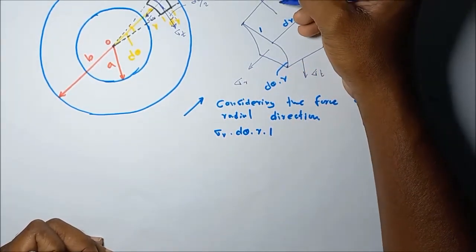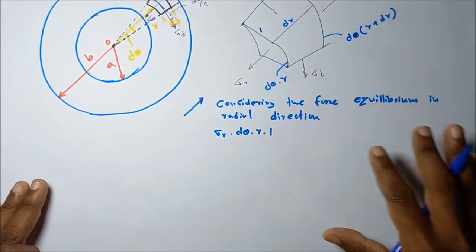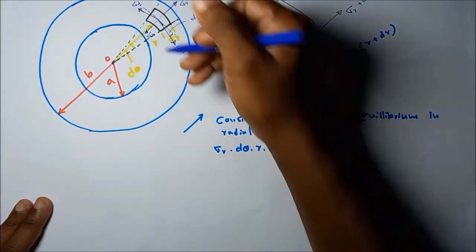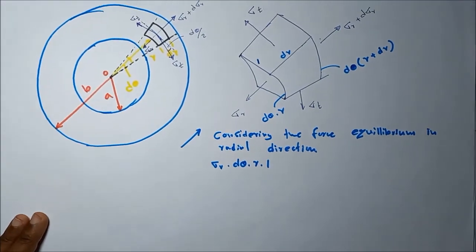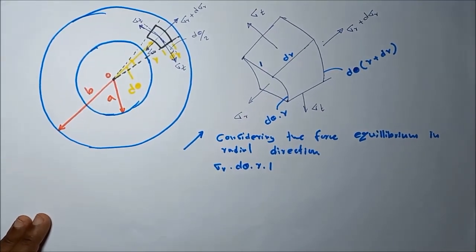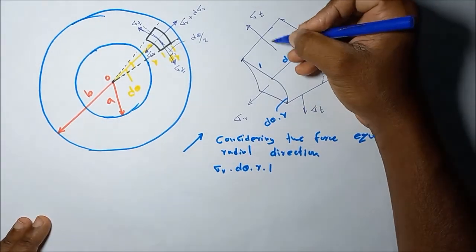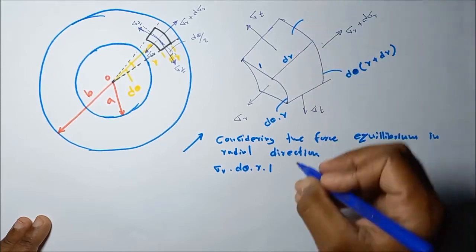At the same time, this residual component of this force we also have to consider. Because of this sigma t, what is the force acting? This area is equal to dr into 1.